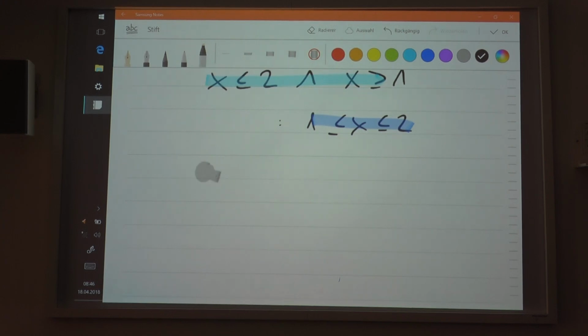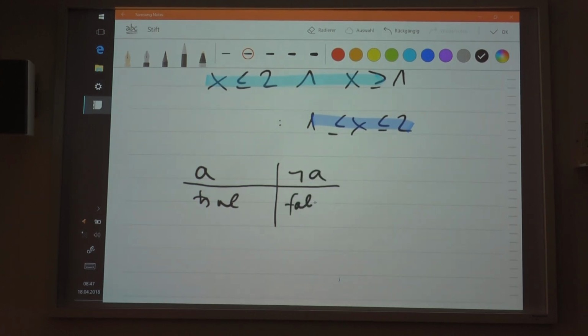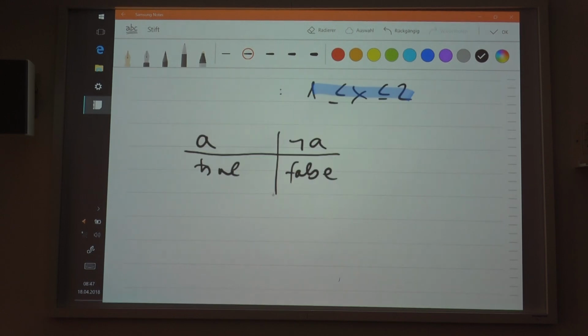Suppose that statement A is true. Then if statement A is true, its negation is going to be false, obviously. And if statement A is false, then its negation is going to be true.